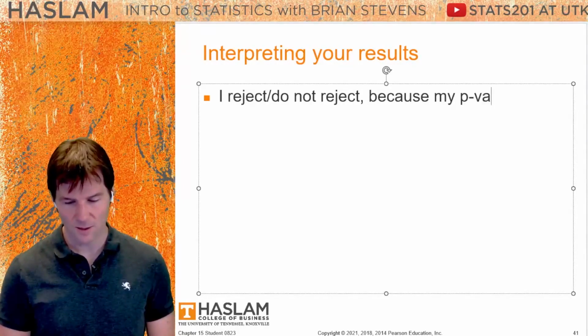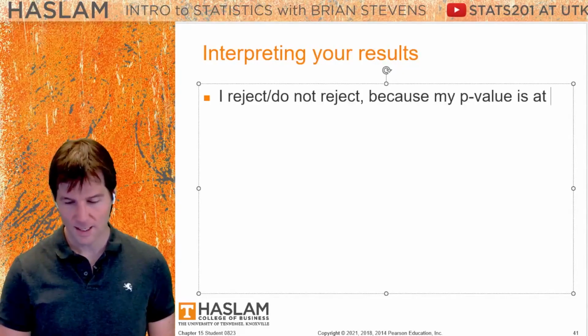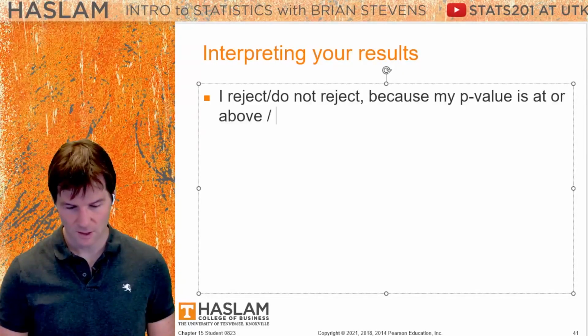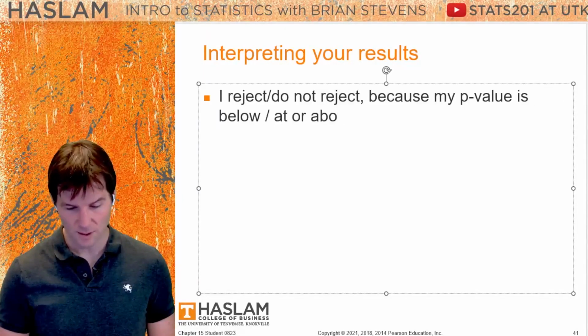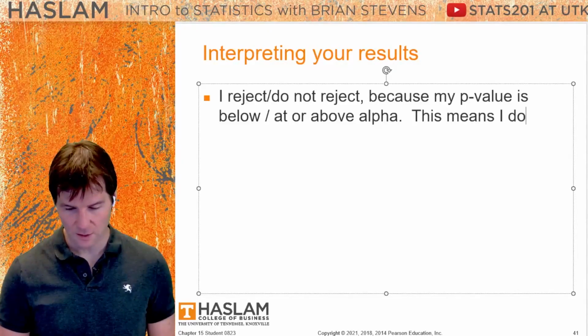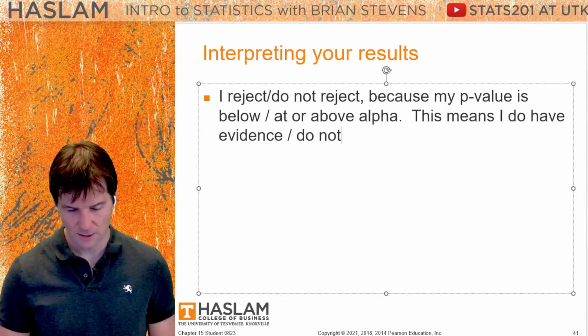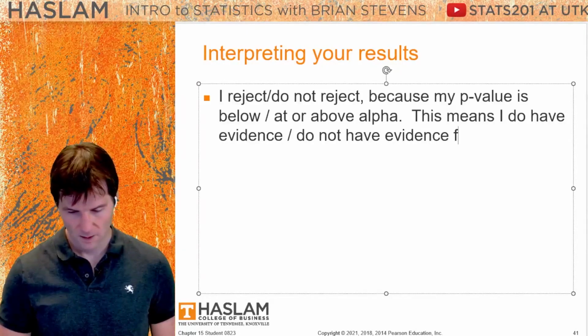Because my p-value is at or above, or below, 0.05. Let's put alpha rather. This means I do have evidence, or do not have evidence, for my alternative that blank.